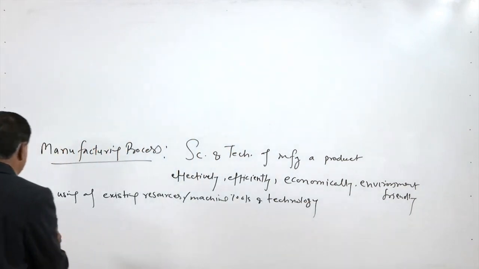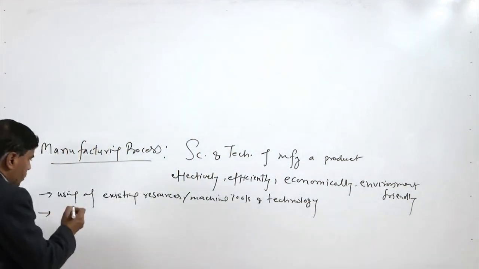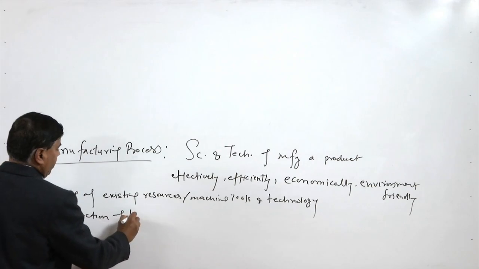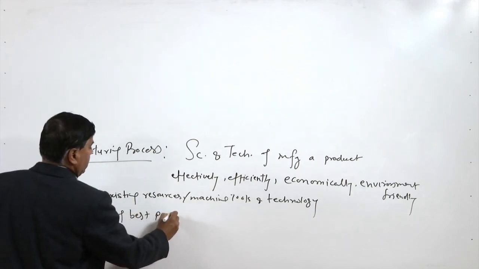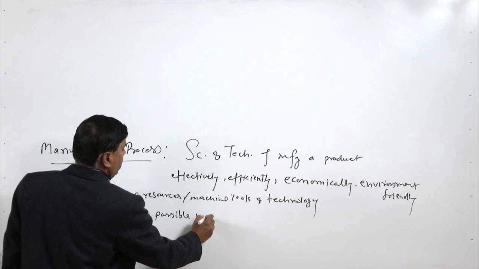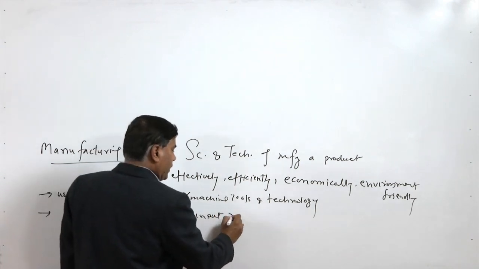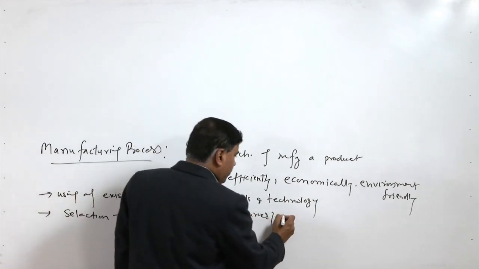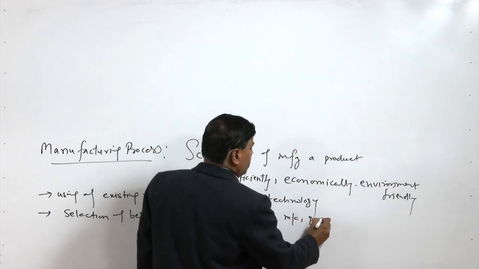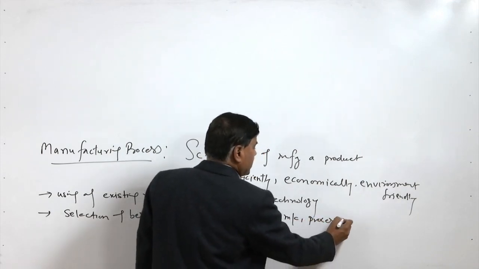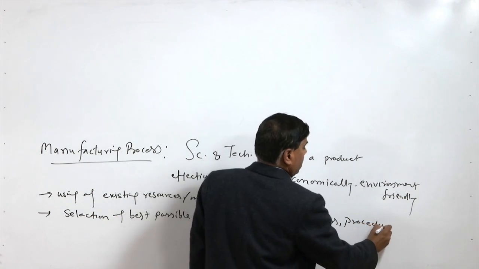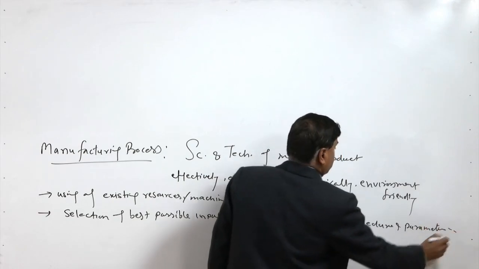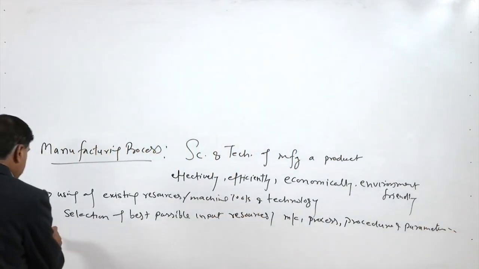The second way is to choose the best possible option. So, selection of the best possible input resources, like proper machine, proper procedure, process, procedure and parameter, etc. Environment also.